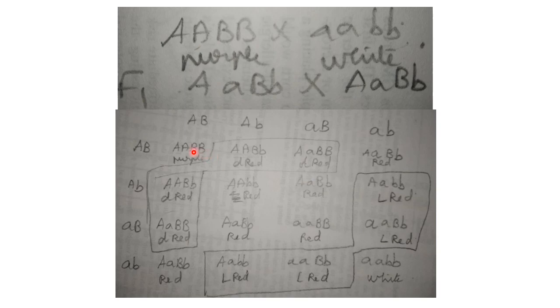That is 1 out of 16 will be purple color and 1 out of 16 will be white color, and these are the dark red individuals, these 4 are the light red individuals, and these are the red colored wheat kernels. So this is how the cross will be. So this is a case of quantitative inheritance and involves 2 genes.